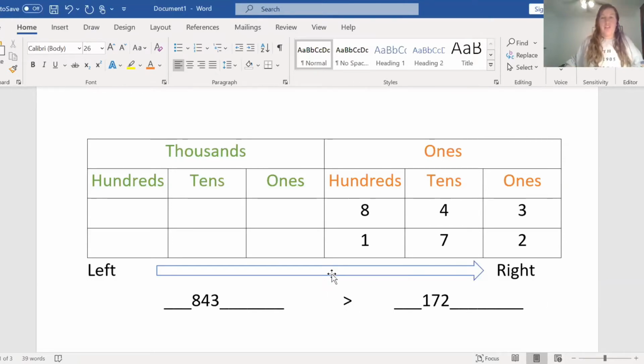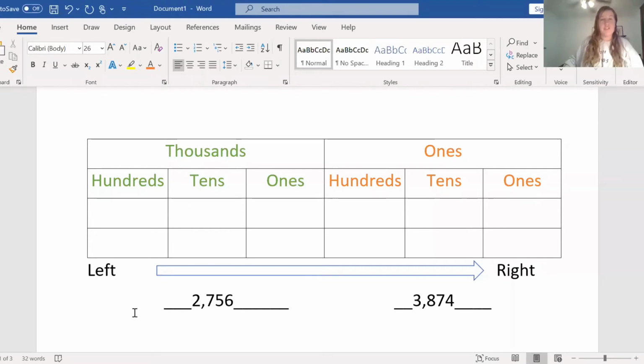So I'm going to draw that greater than symbol with my alligator mouth pointing towards the larger number, 843. So we would read this, 843 is greater than 172. Let's try another set of numbers and see if we can compare those as well.